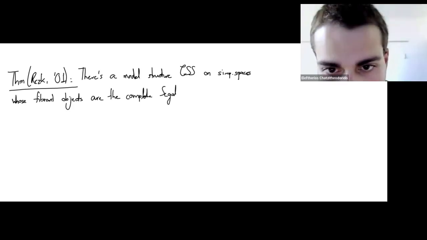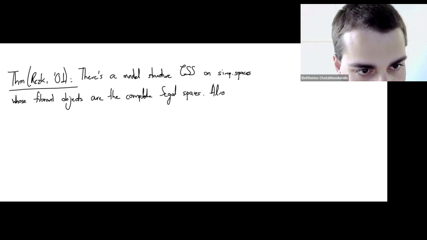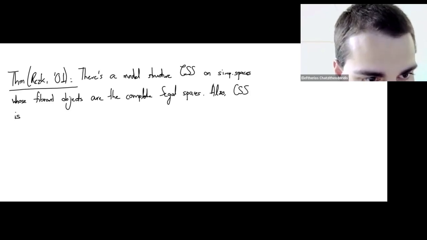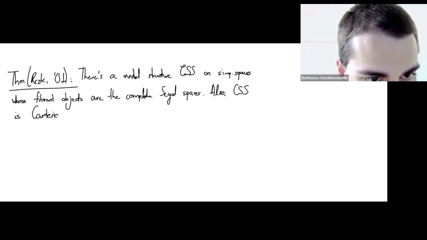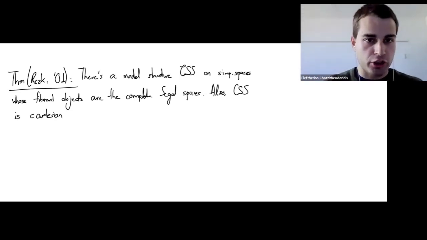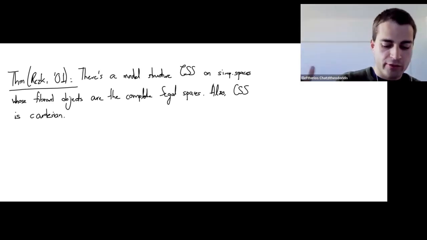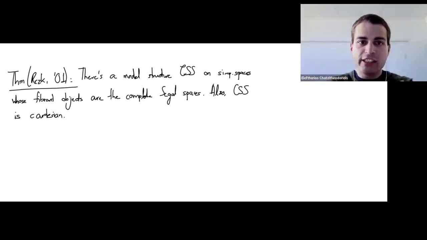And I should also say that this model category CSS is, and this is an important property, Cartesian. It is compatible with the Cartesian closure of the category of simplicial spaces. The most important takeaway is that if you have two simplicial spaces X and Y, you can form an internal hom.